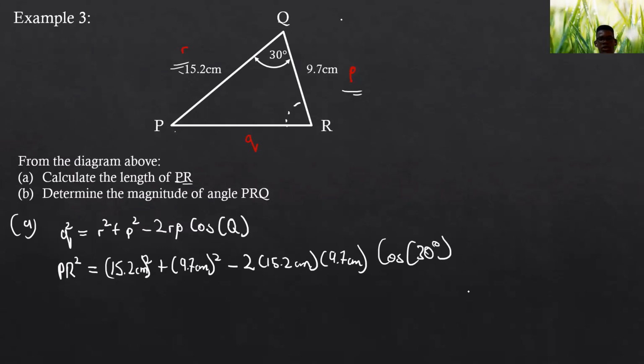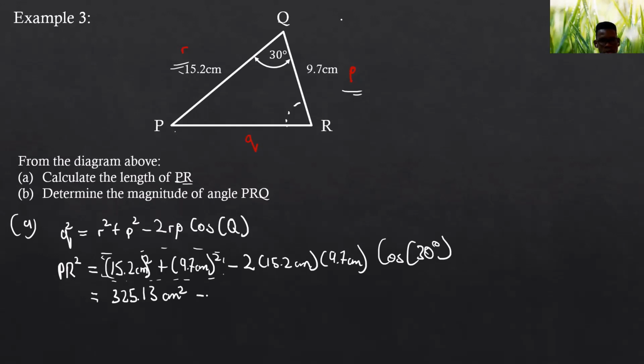You could actually punch all this in your calculator if you know all of this correctly, but be very careful with that. I'm going to cheat a bit and punch this in my calculator, squaring these and summing them together at once. So 15.2 squared plus 9.7 squared, and I get 325.13 centimeters squared.